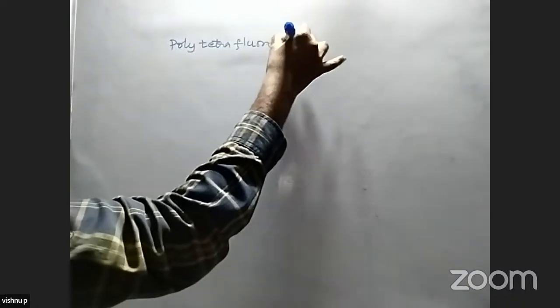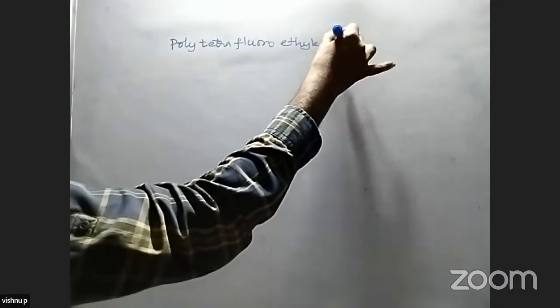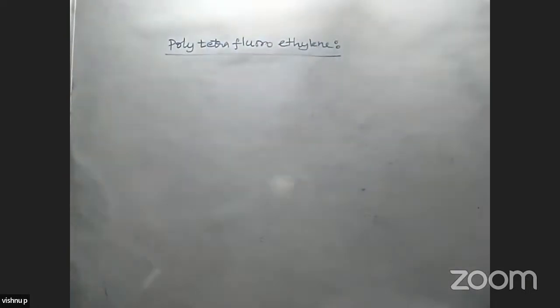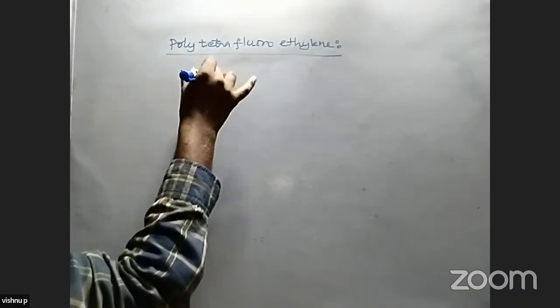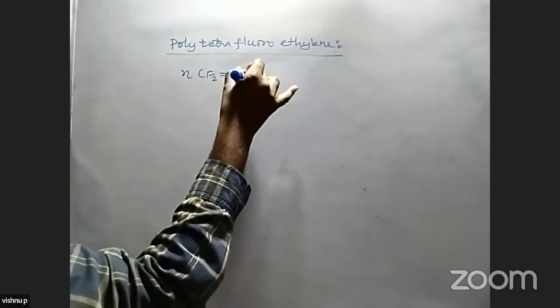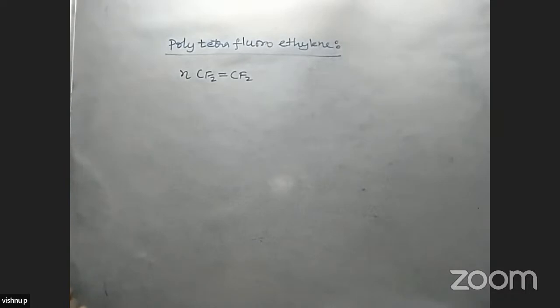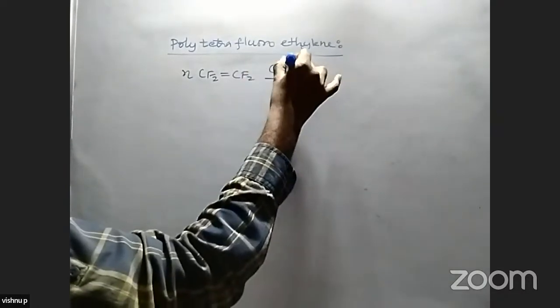The next type of polymer is polytetrafluoroethylene, the second type of polymer. N number of tetrafluoroethylene molecules are polymerized in the presence of a catalyst.